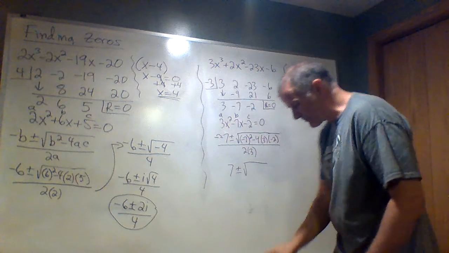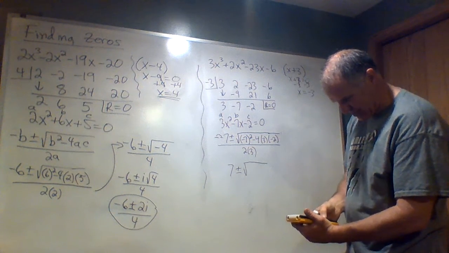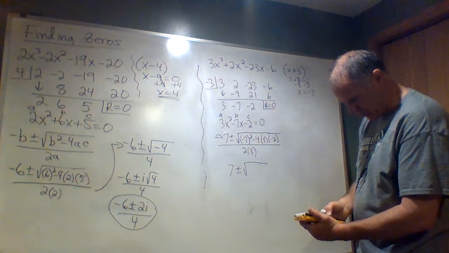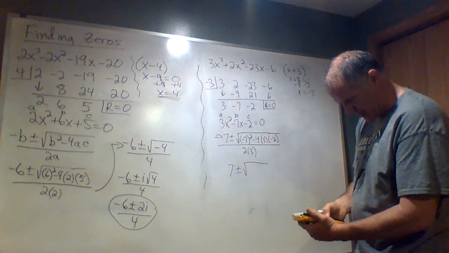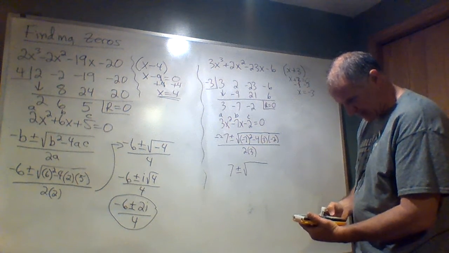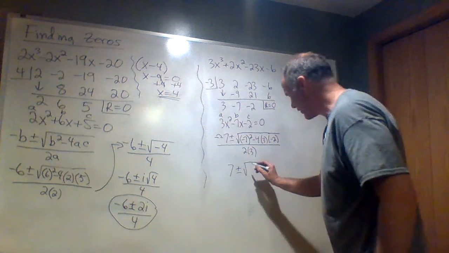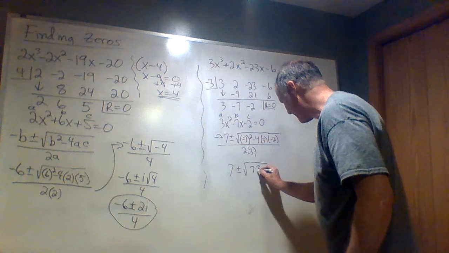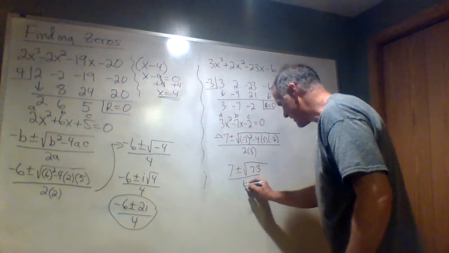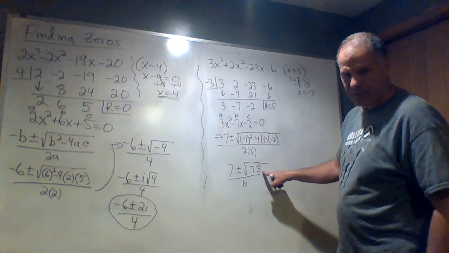Now we can type this all in our calculator. So again, parenthesis negative 7, parenthesis squared, minus 4, parenthesis 3, parenthesis negative 2, parenthesis, equals. This is what I was thinking on the first one. You get 73. And then the bottom, 2 times 3, is 6. Now, if you remember, 73 is not a perfect square.